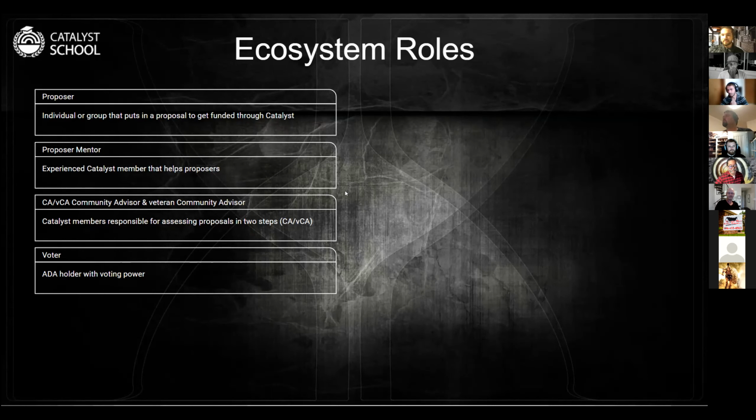But this number is going lower and lower with time, because back then we had almost 10,000 ADA as a requirement for someone to participate in Catalyst as a voter. Then it got lower, I think, to 5,000, then I don't know, 2,000 and 500, something like this. And currently you just need to hold 500 ADA.